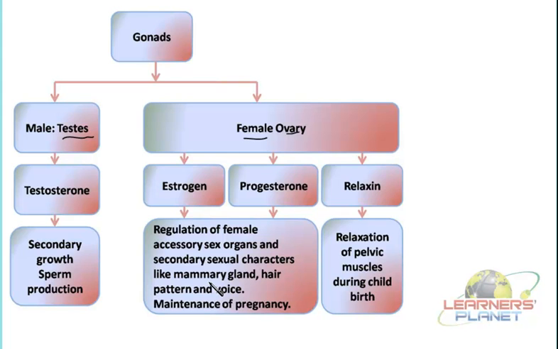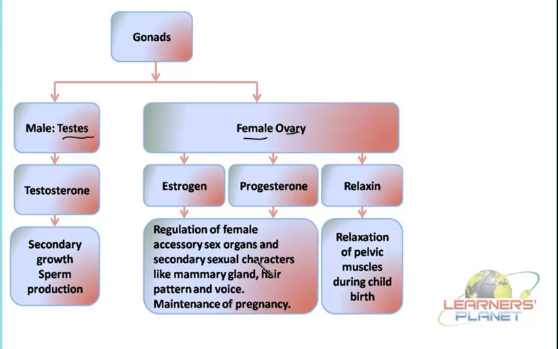Now further, beside this, they are helping in the regulation of these accessory sex organs. And as they start regulating these accessory sex organs, you know what is happening? They are able to help in the generation of the eggs.